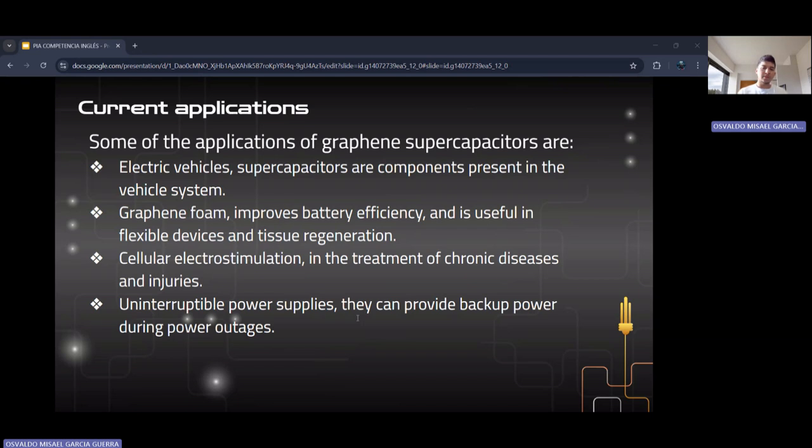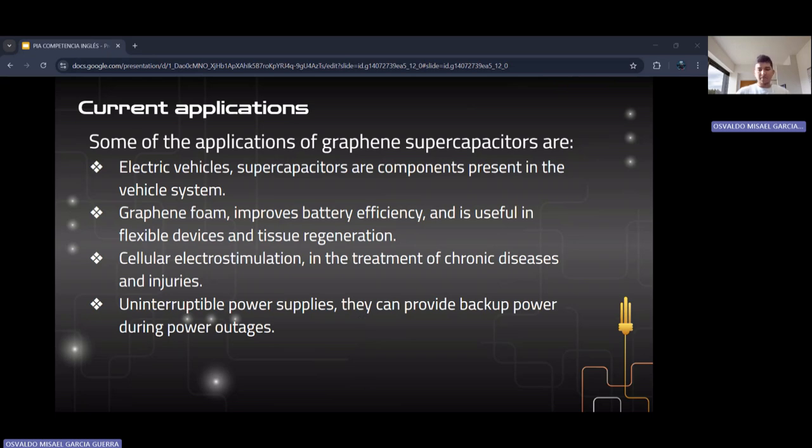Graphene is also very useful in cellular electrostimulation, which refers to the application of electrical current to cells to alter their function or behavior, useful especially in medicine.